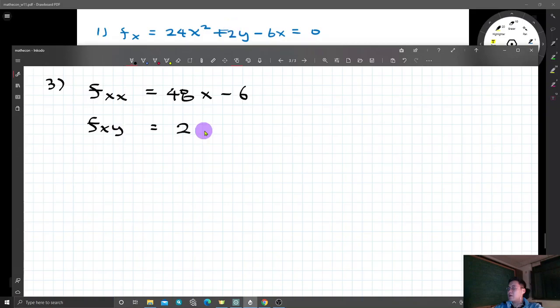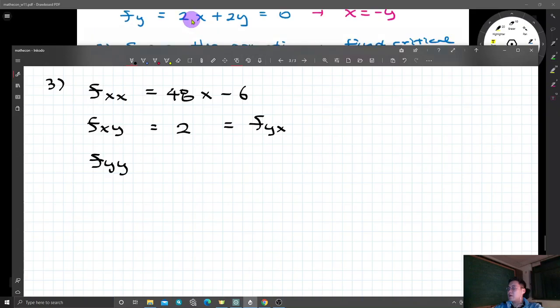And by Young's theorem, we know that f sub yx is also 2. And then finally, f sub yy. Here f sub y is 2x plus 2y, and we regard y as a variable and x as a constant. Taking the derivative, we obtain 2.